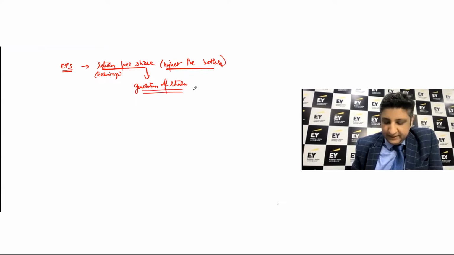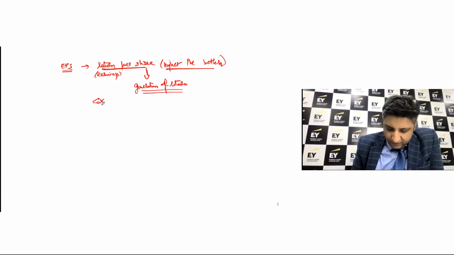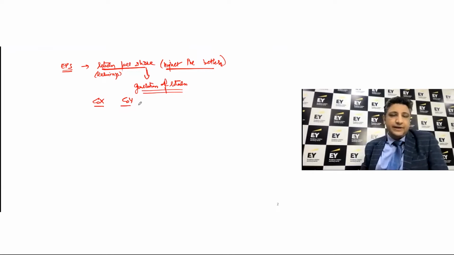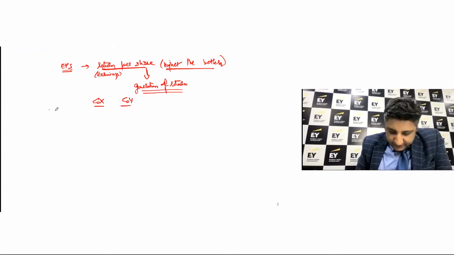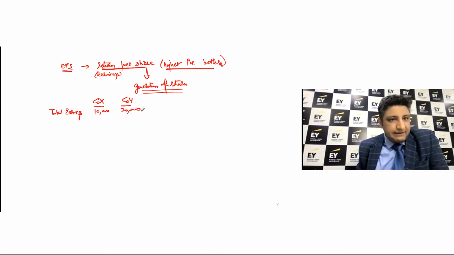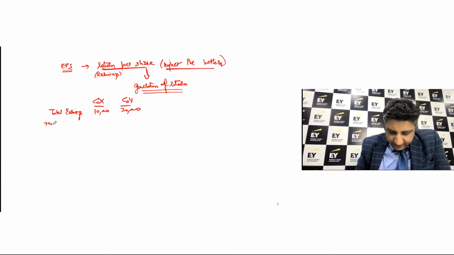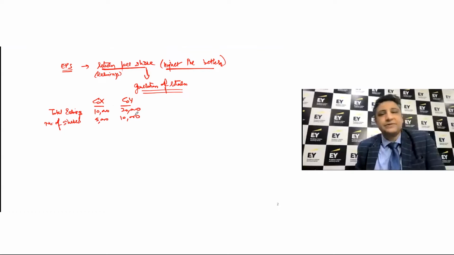Say I'm talking about two companies, company X and company Y. Now let us say that the total earnings of these two companies are 10,000 and 20,000 respectively, and the number of shares are 5,000 and 10,000.